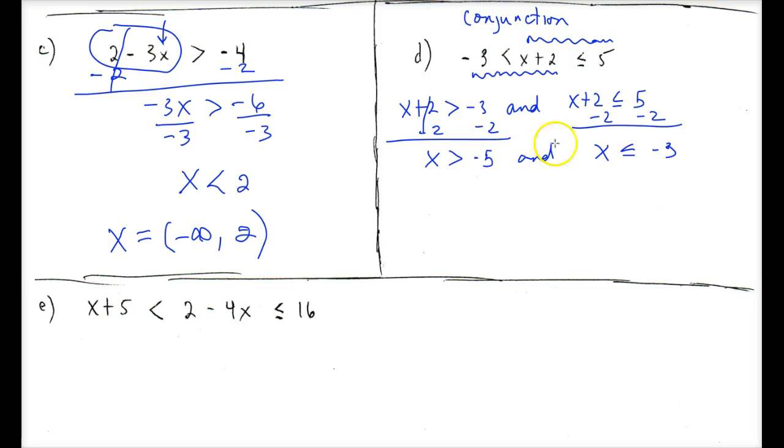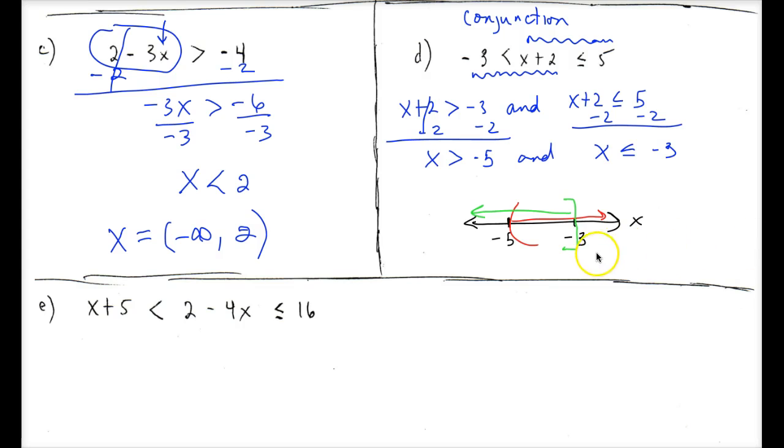And so what this says is that we need to pick the values of x that satisfy both this condition and this one at the same time. So I'm going to pause for a moment and draw what both of these mean and show you where the numbers that satisfy both of those conditions lie.